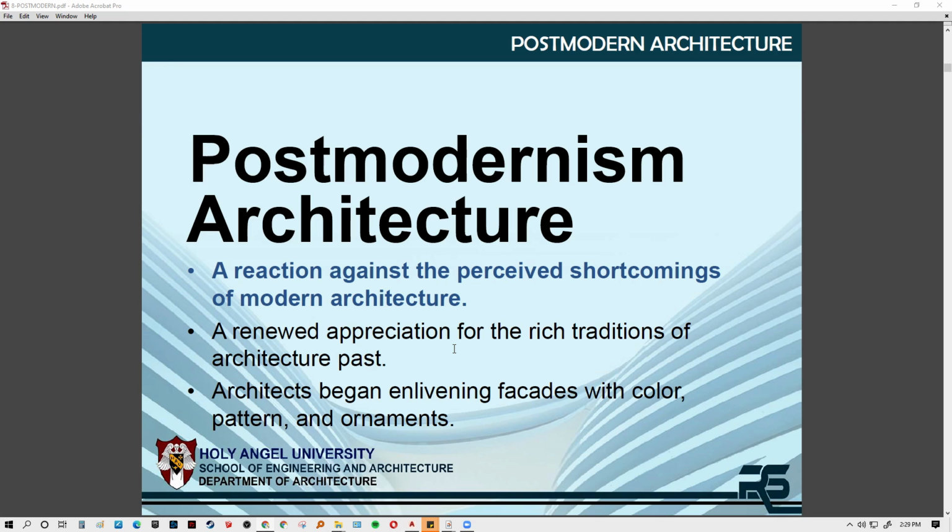So from old styles, they are either adapting those old designs or innovating them. And mostly architects during this period enliven the facades with different ways of designing, either by color, pattern, or ornaments.